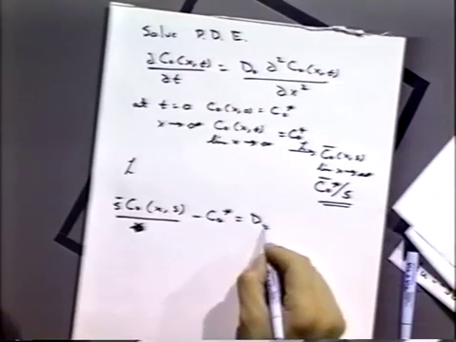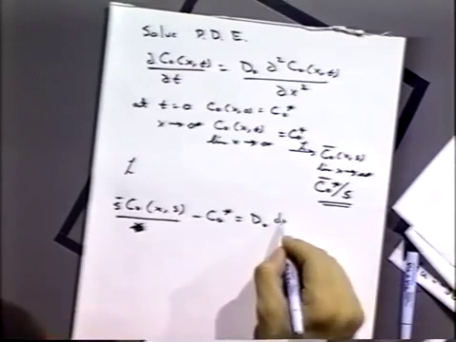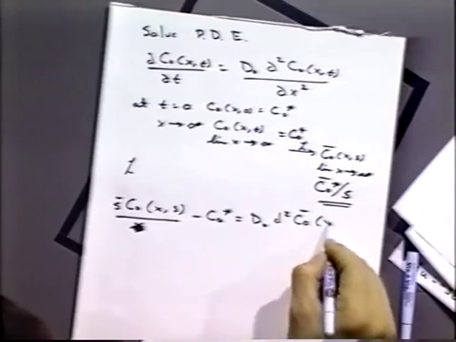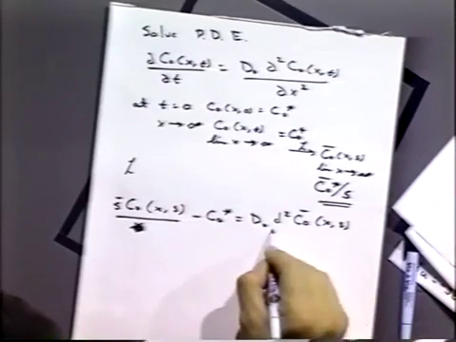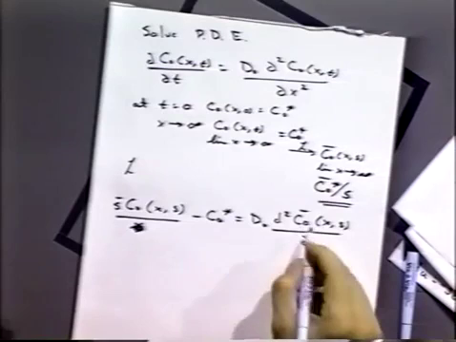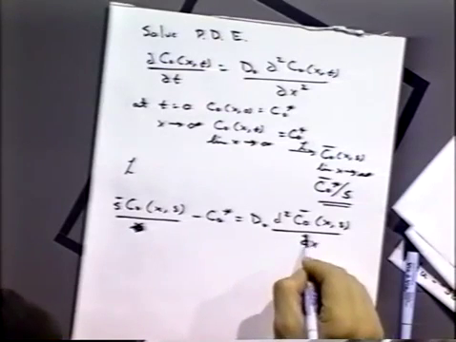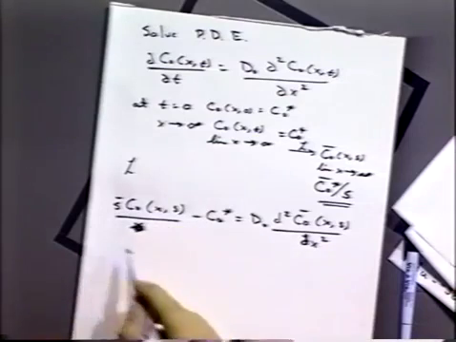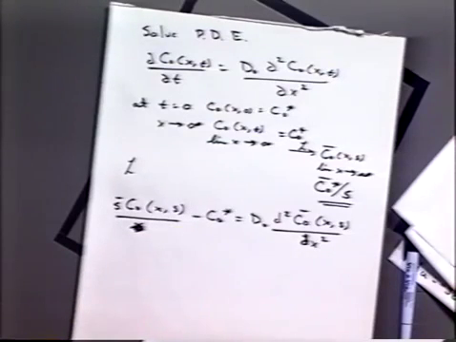So that would just be D0 times d squared C sub O bar of x and s over dx squared. So this is the equation that we're going to need to manipulate.